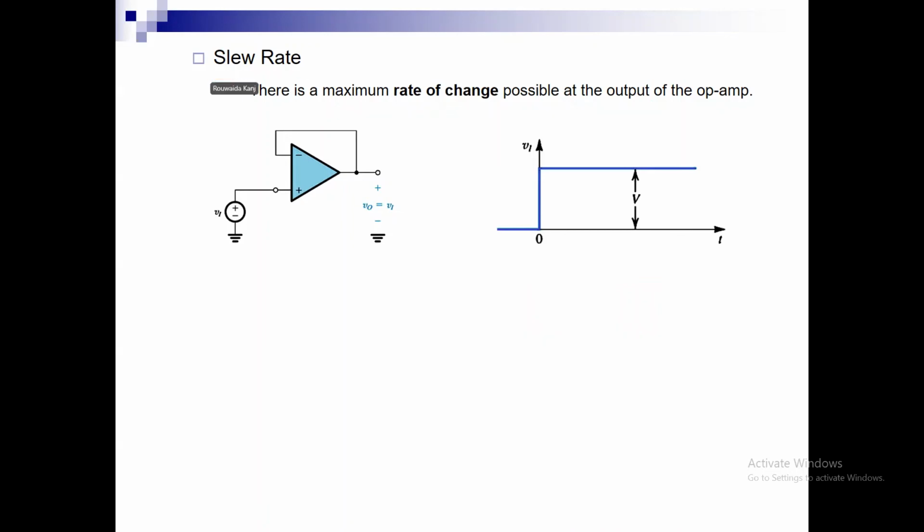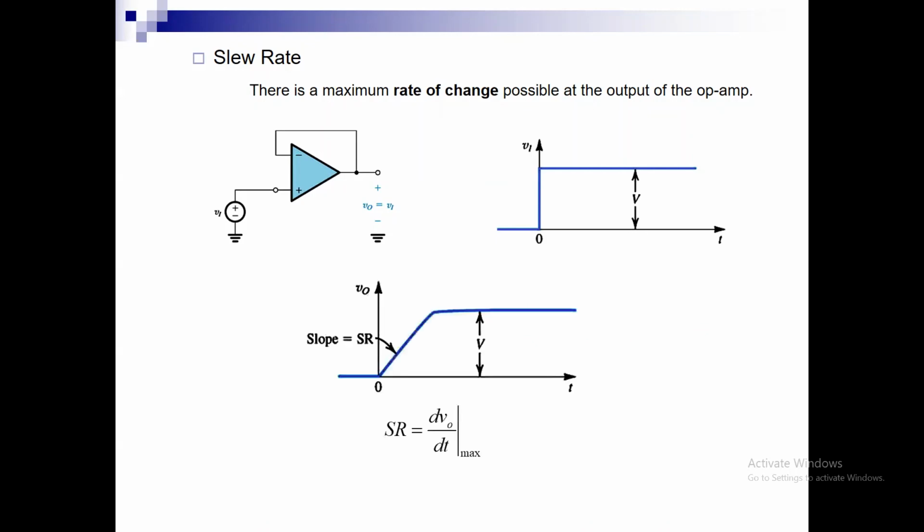Okay, now what does this mean to us? So the slew rate is really dVo by dt max. Okay, so it is the maximum slope that my output can have. Typically the slew rate is the derivative of the output with respect to time, and the circuit has a predefined SR max.